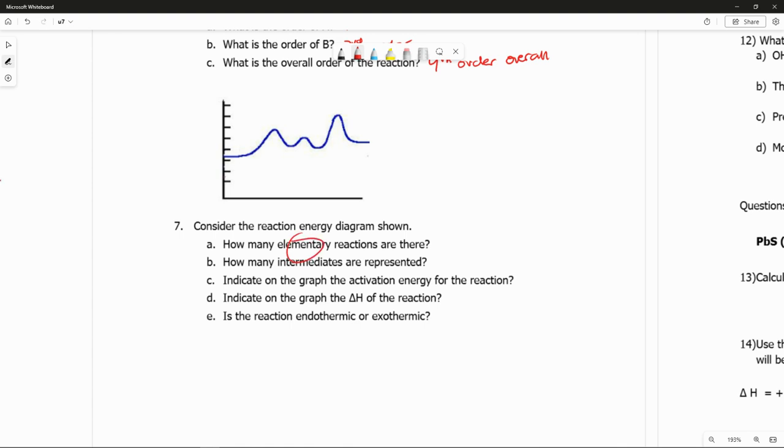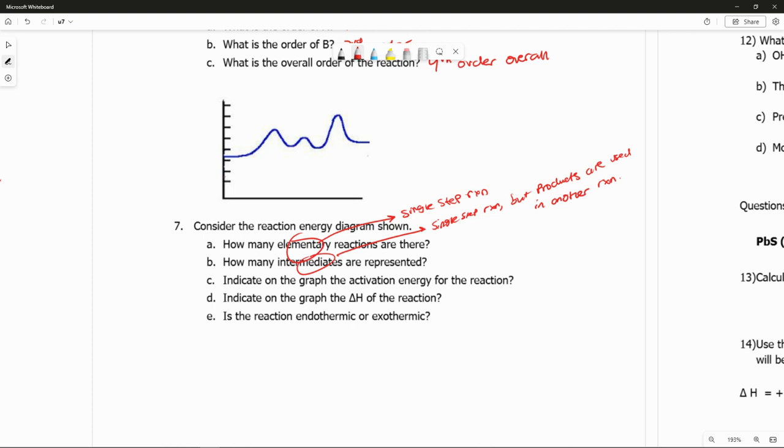Elementary reactions are single step reactions. Intermediates are produced in a single step reaction, but the products are used for another elementary reaction. So the intermediates are going to eventually get canceled.